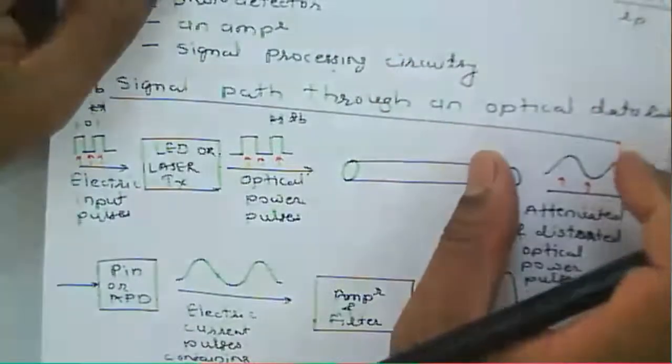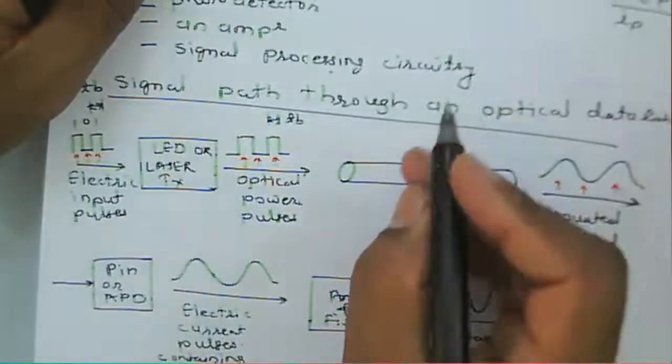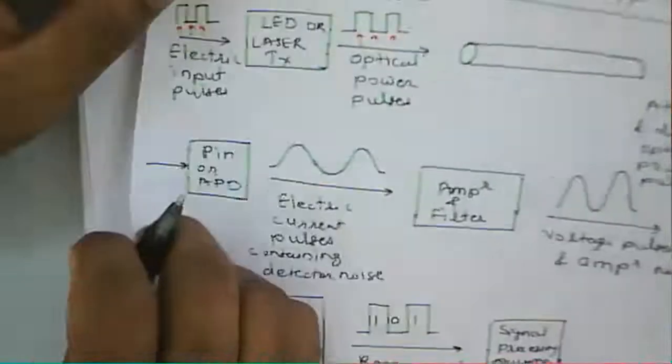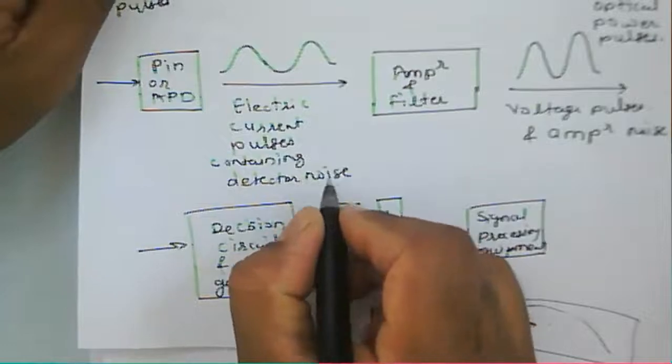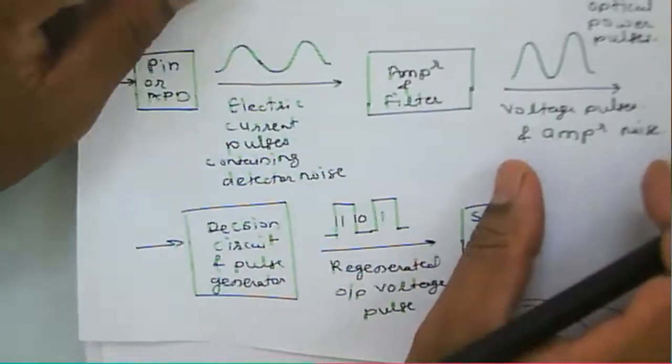Now, because of a variation in the temperature, or a thermal variation, what will happen? A noise will be generated, and that noise is called thermal noise.